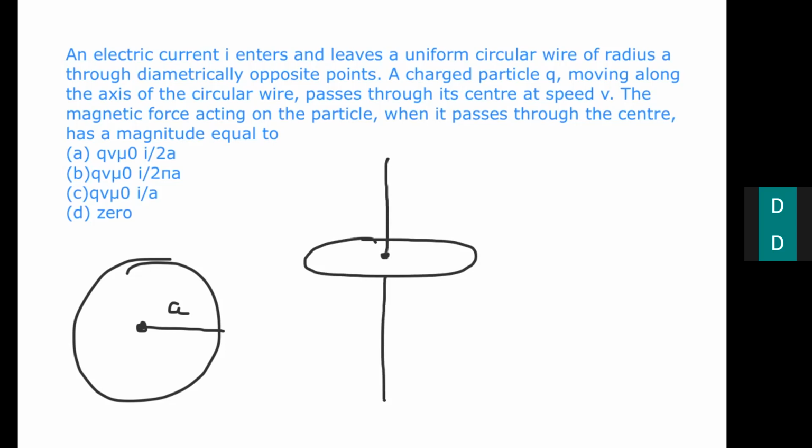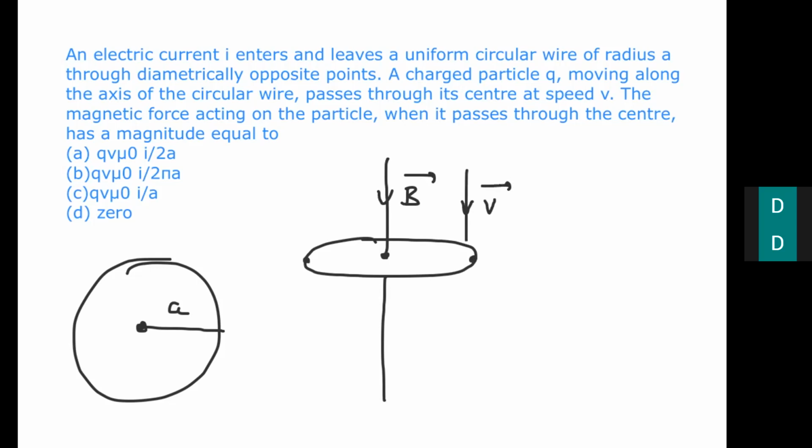Here we can say that the magnetic field B and the velocity of the charged particle, which enters and leaves at diametrically opposite points, will be in the same direction in this case.